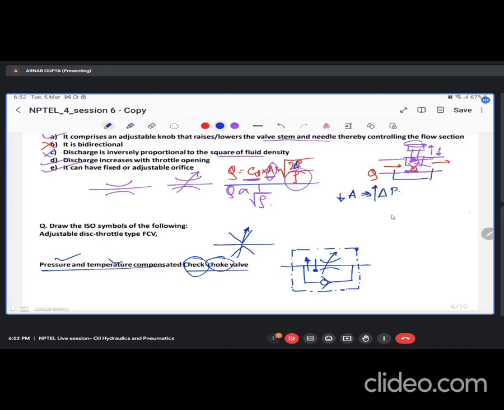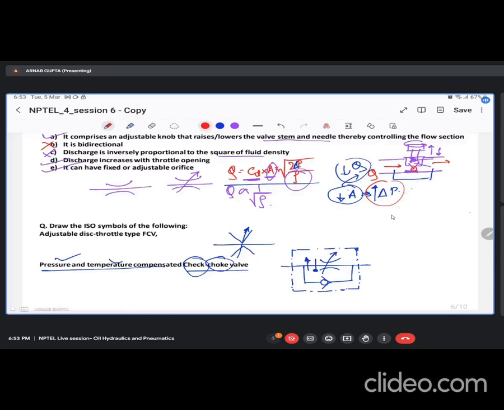But what do we actually want? We are reducing this cross section to reduce Q, right? But what actually happens is that at the same time, the delta P is increasing. The pressure drop across the flow control valve is increasing.